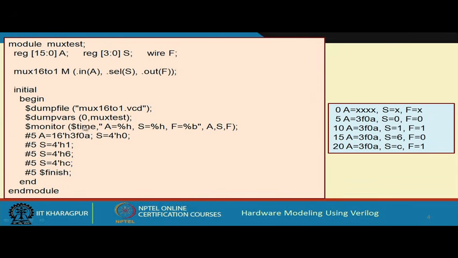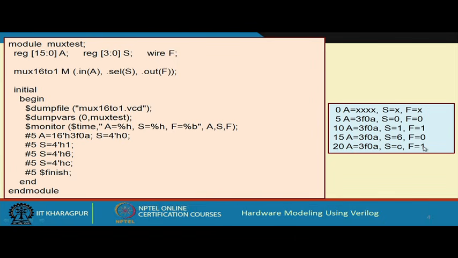Now, the first two lines in the initial statement, I mentioned this earlier also. These variations with time, this information you can also dump into a file, VCD. Okay. So, here I am giving a name mux 16 to 1 VCD, value change dump file.